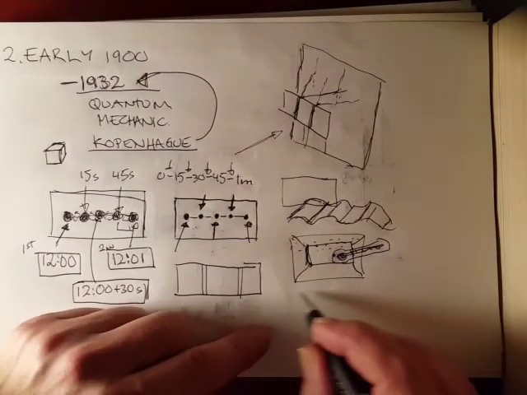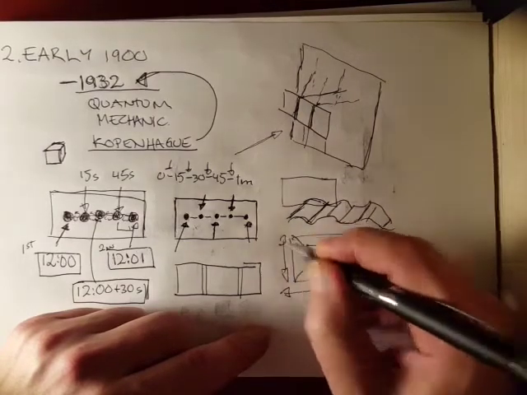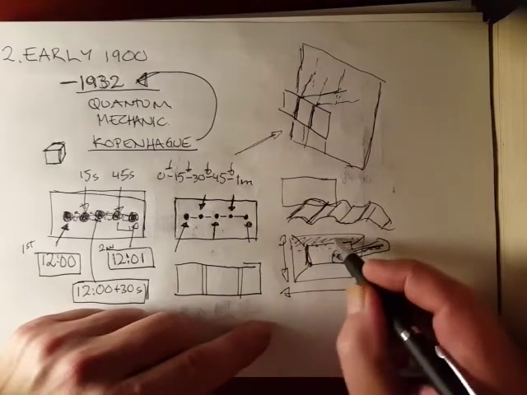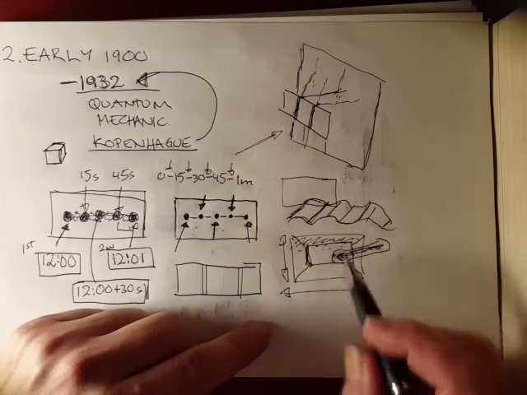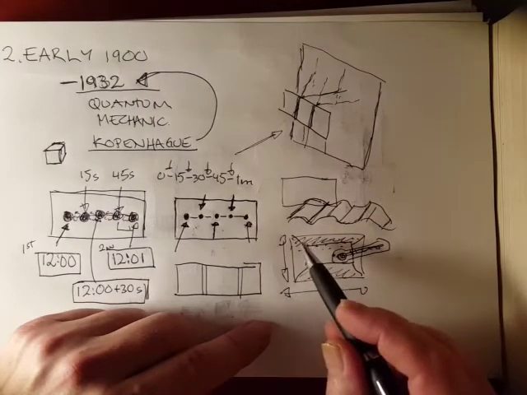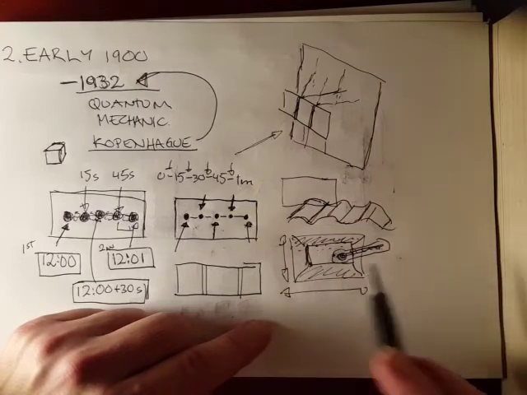If you have a large enough room, you may find that in different spots there is a different temperature. So you can have a temperature gradient in the room, and most of the time, all of us have a temperature gradient in the room, where at the ceiling the air is a little bit hotter, and at the bottom it's a little bit colder. But there is no point in space where there is no temperature.